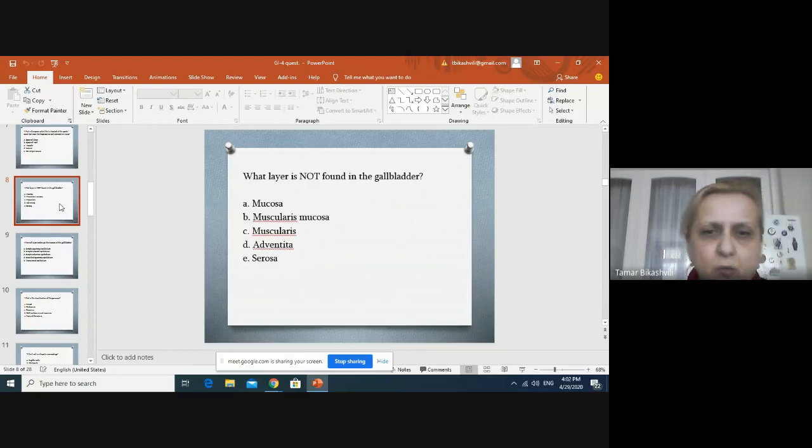Next question. What layer is not found in the gallbladder? Mucosa, muscularis mucosa, muscularis, adventitia, serosa.